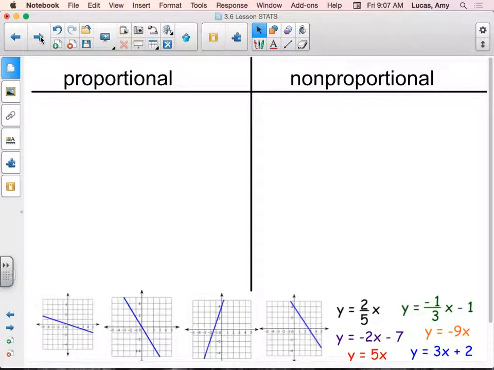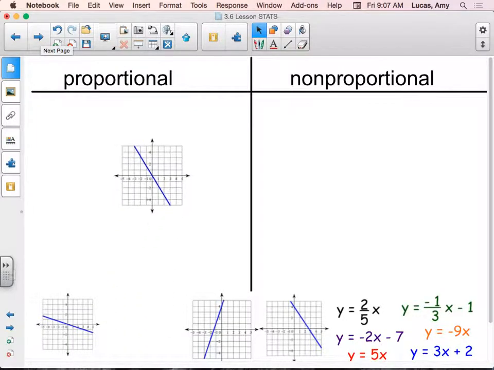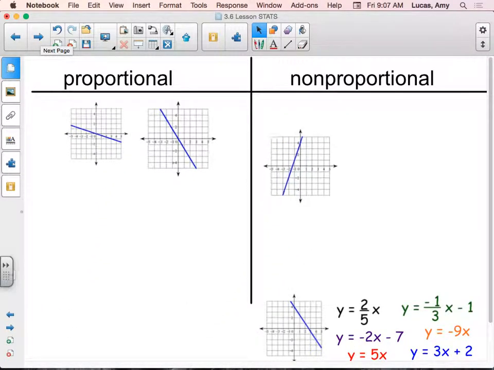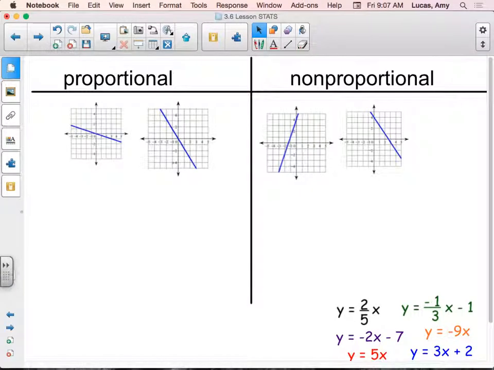Okay, this last slide has some graphs and some equations. Remember, the ones that are proportional have to be lines through the origin. So these two are proportional, these two are not. And then from the equation, remember, if they're proportional, they're not going to have anything after the x. They don't have an intercept that you need to write because it goes through 0.